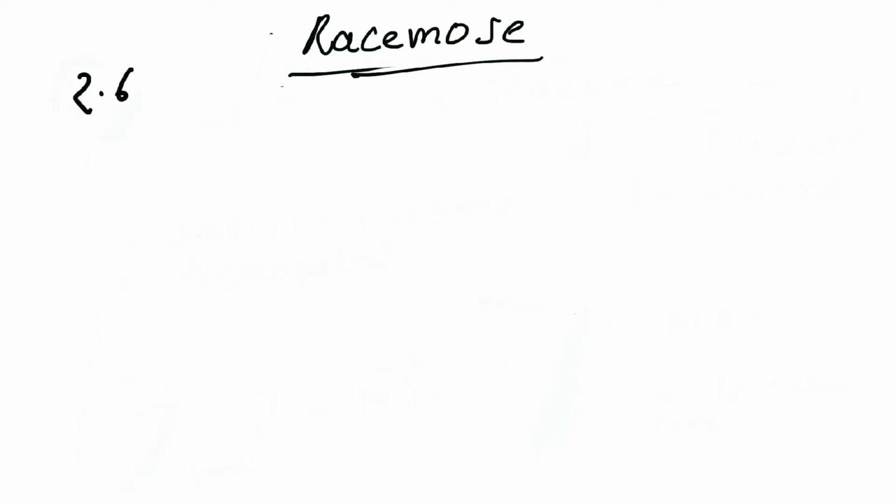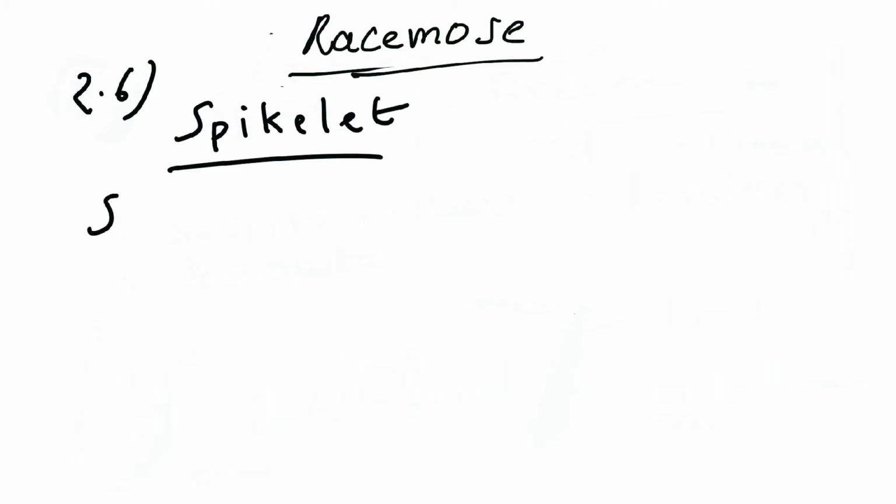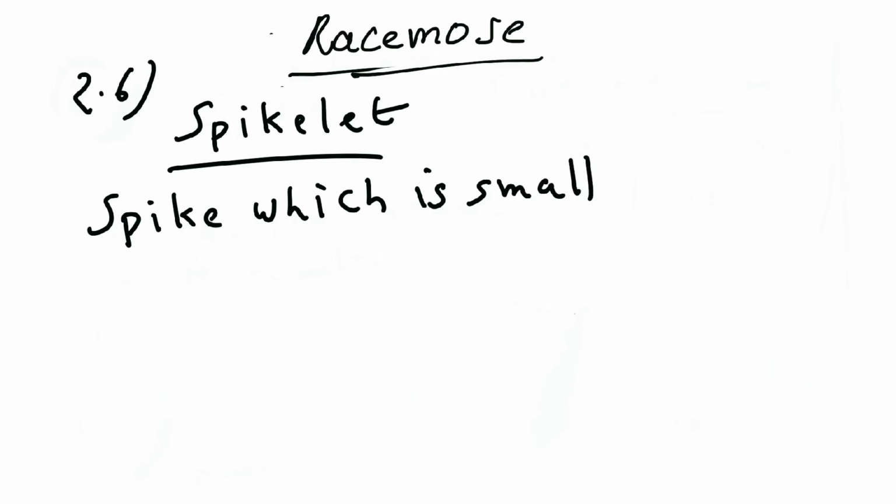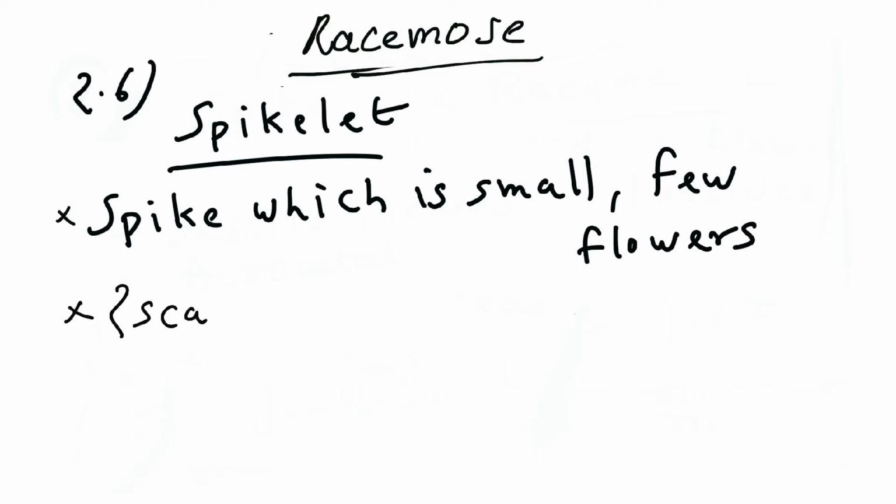Now, going on to the next subdivision of the Racemose inflorescence, which is termed quite similarly, that is spikelet. From the wording itself, we get a feeling that this inflorescence should have something similar to the just mentioned case, which is true, and that similarity is that spikelet is something like a condensed or less developed spike. Here the spike is small, which obviously means that we are dealing with fewer flowers.